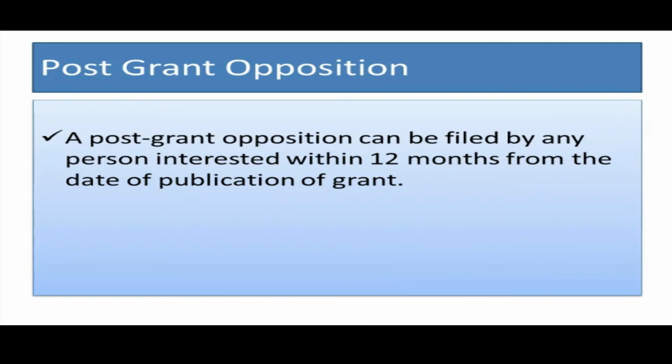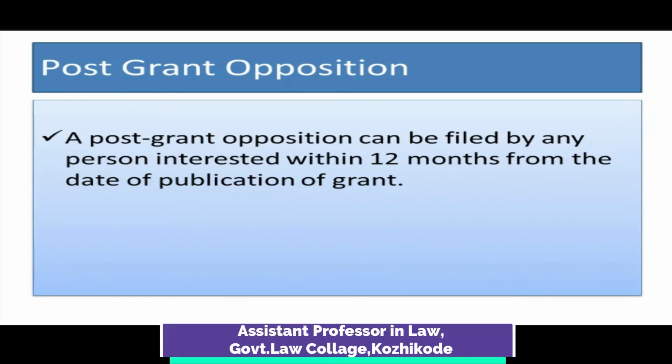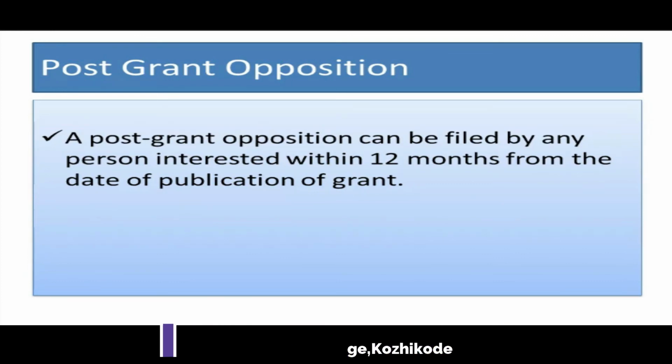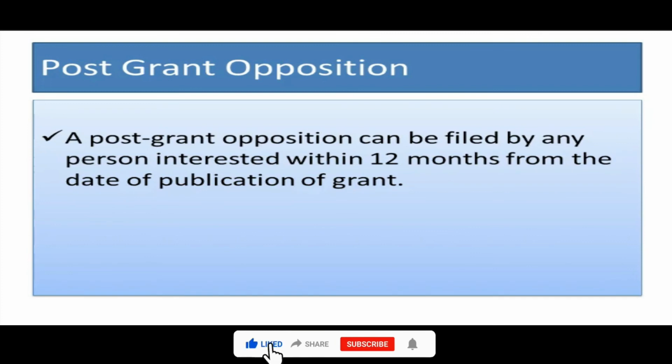So what we can conclude is this: a patent document or a patent certificate cannot be considered equal to a title deed. It can be opposed at any point of time. Within 12 months, a patent can be opposed even after grant.